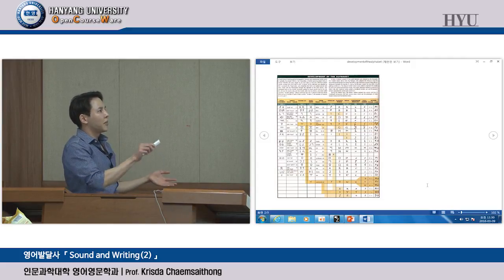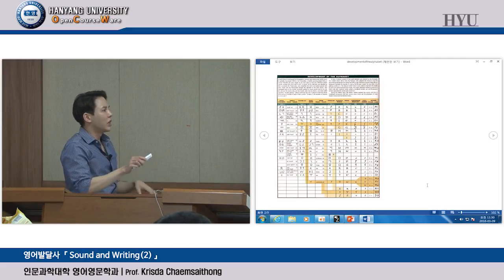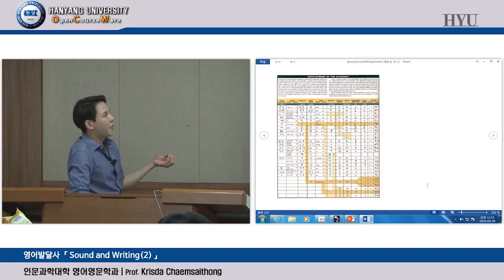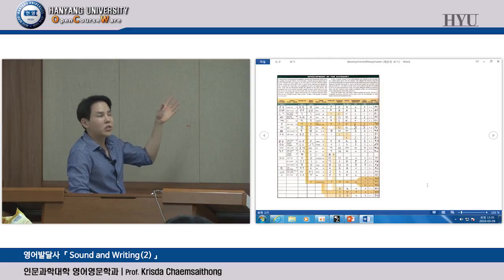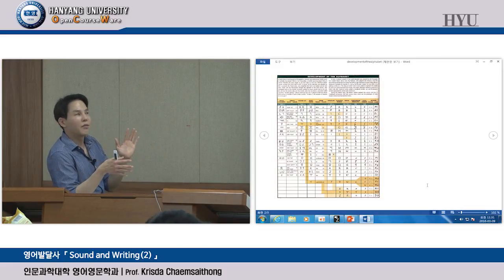So the second column gives you the name. The third column gives you the true alphabetic writing. And then in the fourth column, you have the Greek, early Greek, and then later Greek, and then Etruscan, that line of development, the predecessors of the Romans, and then you have classical Roman, and then other variations, other developments.